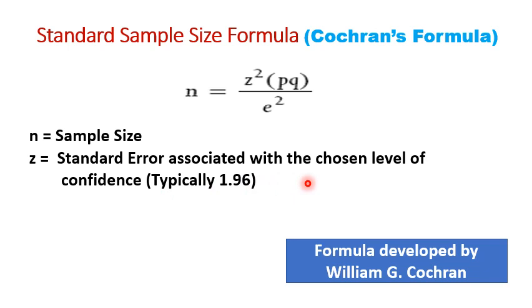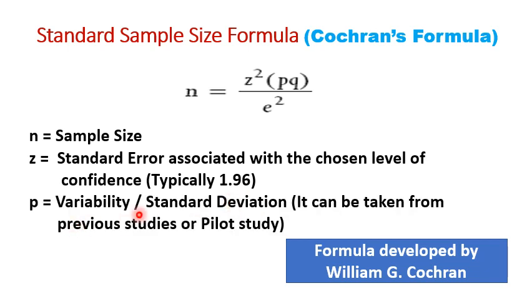Generally, a confidence level of 95% gives us a Z value of 1.96. Then P is the variability or standard deviation. Standard deviation can be taken from the results of previous studies or from the data collected as part of a pilot study or pilot survey. Then q is equal to 1 minus p. e is the acceptable sampling error.